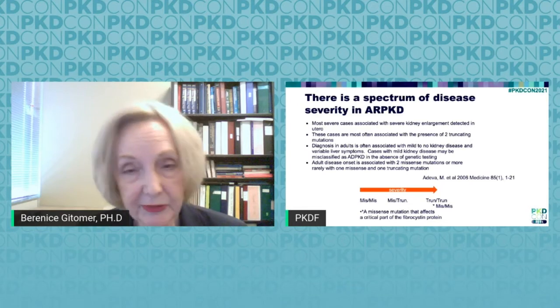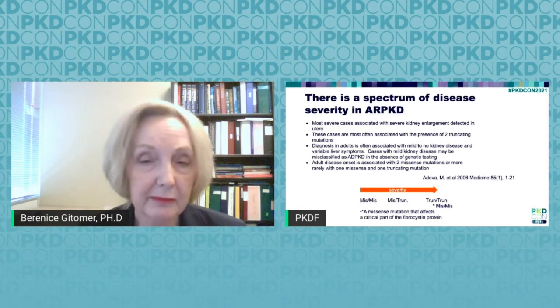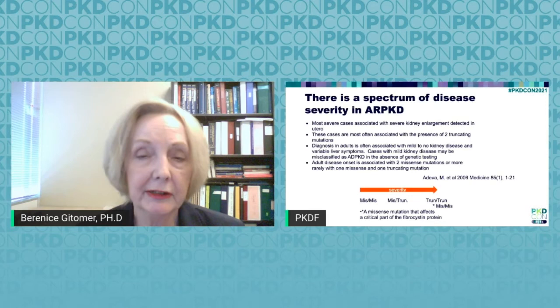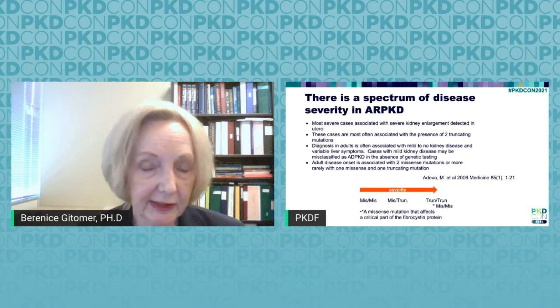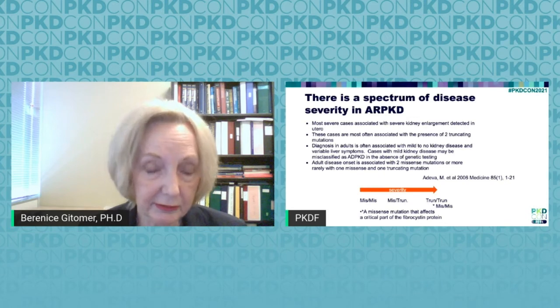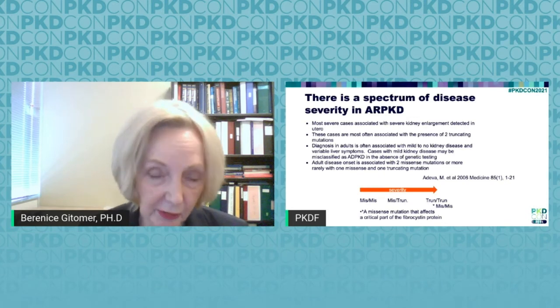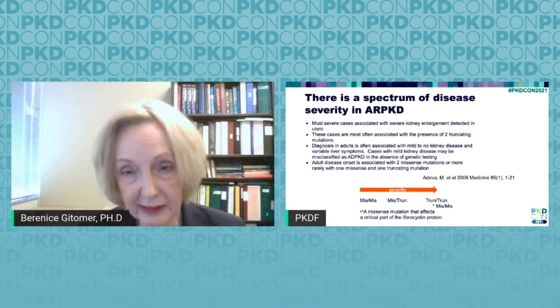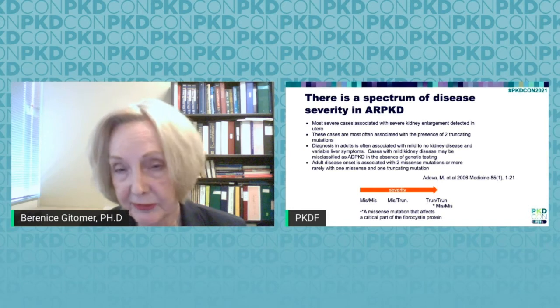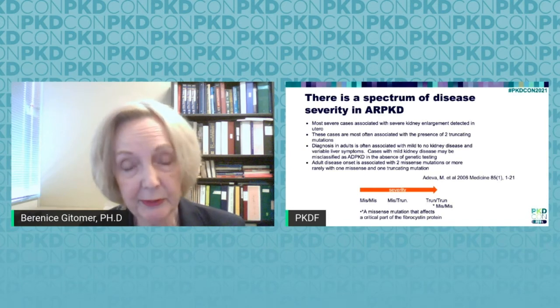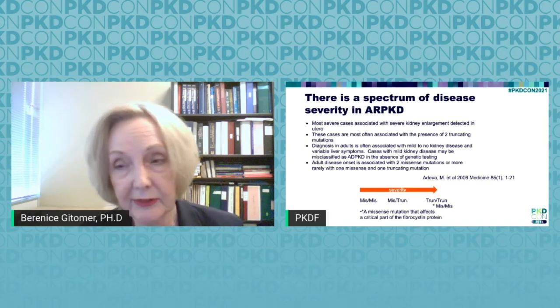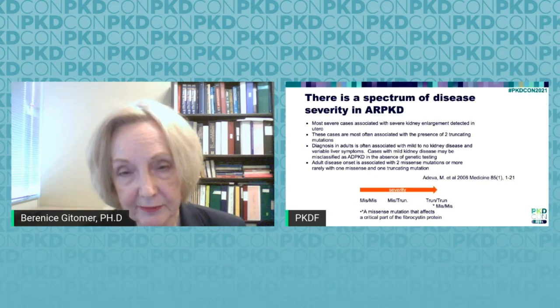Two missense mutations can be a milder form of disease. However, it's important to point out that, again, the region of the protein affected by those mutations can also have profound outcomes. So if it's a critical region of the protein, two missense mutations could also affect disease quite severely.